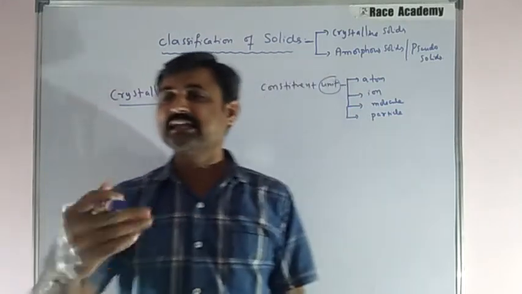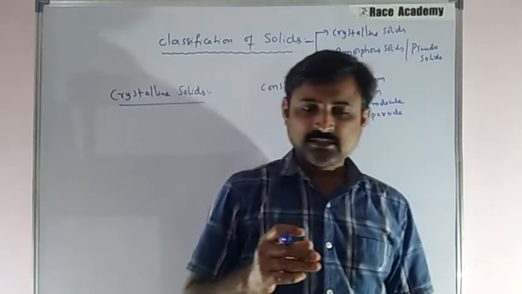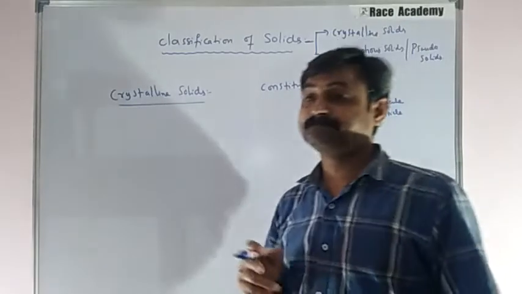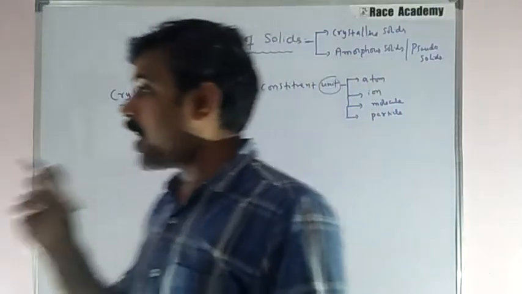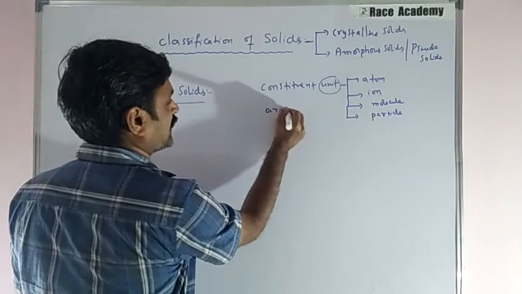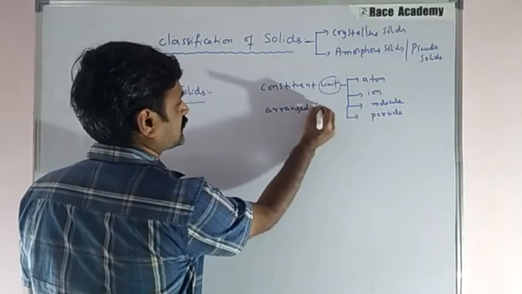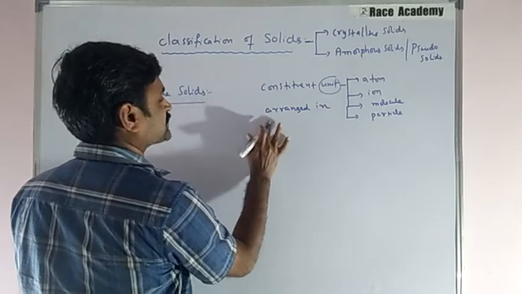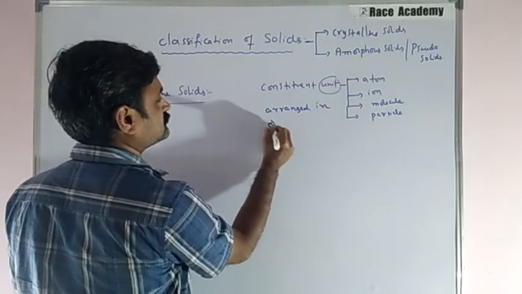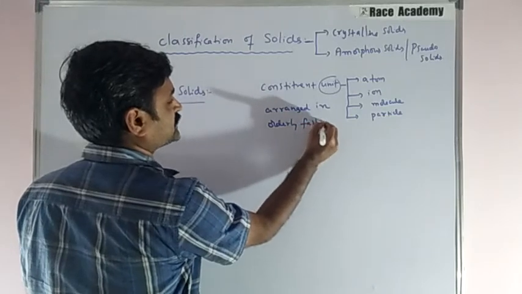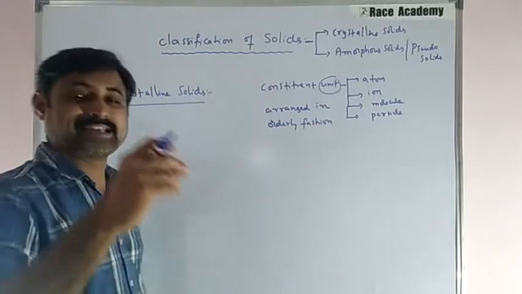So in crystalline solids, constituent units are said to be arranged in an orderly fashion. What is orderly fashion? It means systematic arrangement.